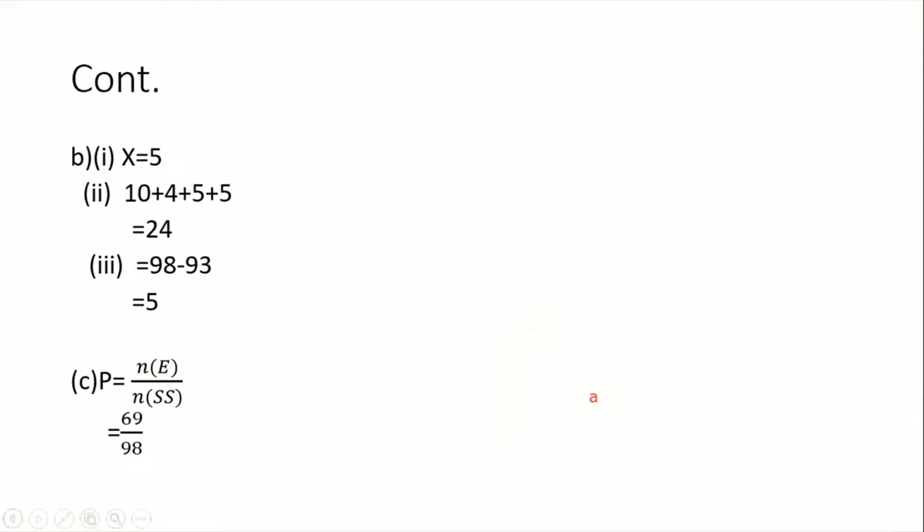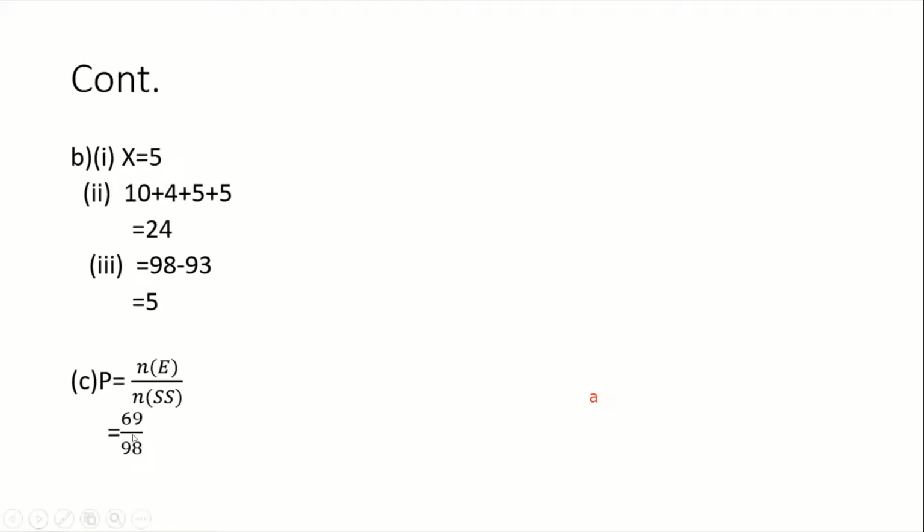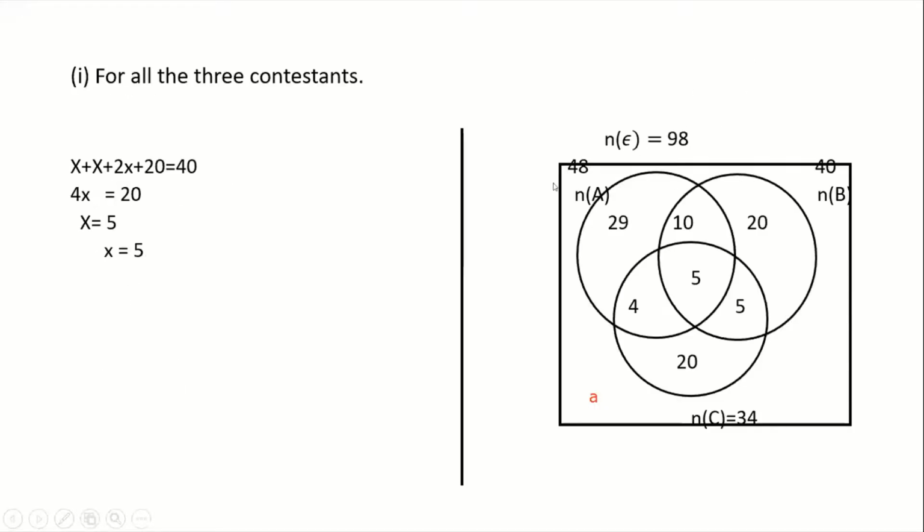If we add up 29 plus 20 plus 20, we get those who voted for only one, and that is 69. So 69 is our number of events, and the sample space is 98, since all those who voted were 98. Thank you for listening.